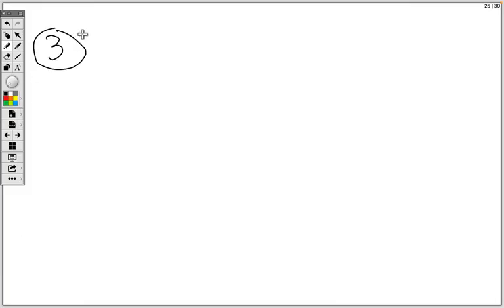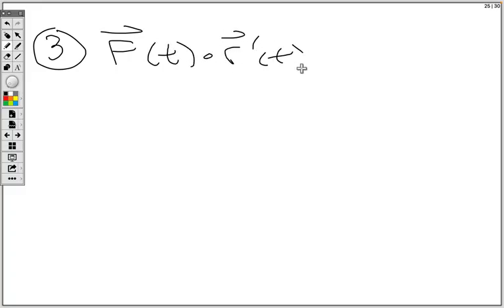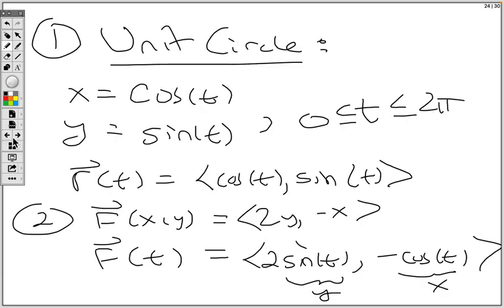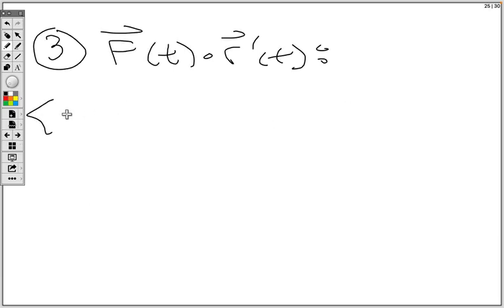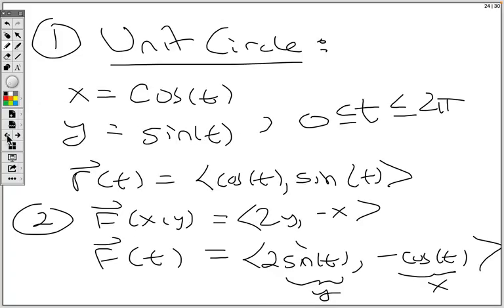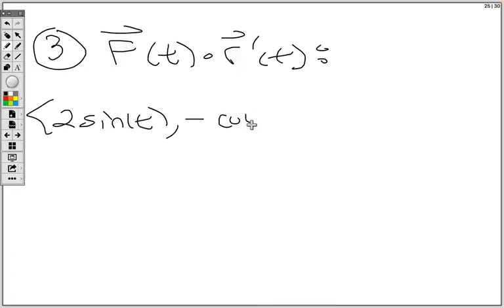So now I'm going to take f of t dot r prime of t. So that's 2 sine of t times negative cosine t, dotted with the derivative of r of t.